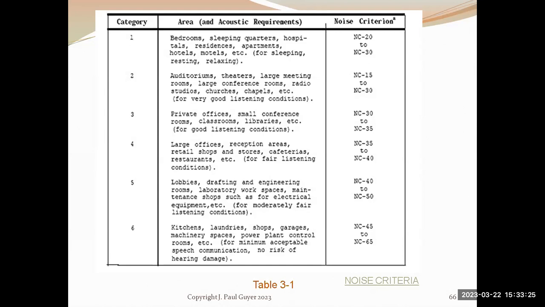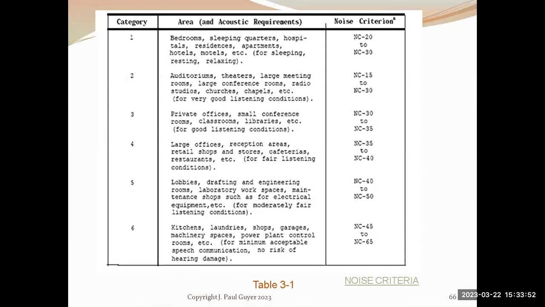And then category 6, the noisiest spaces in a building, kitchens, laundries, shops, power plants, so on and so forth. And in those spaces, you would select an NC target value of 45 to 60.